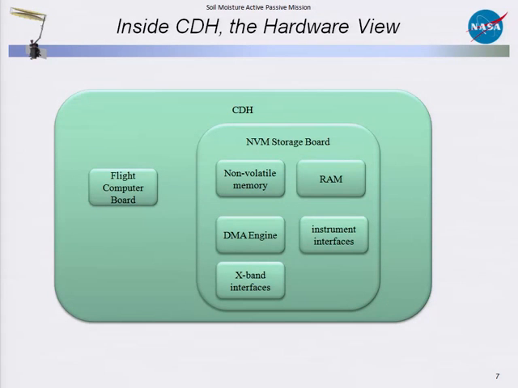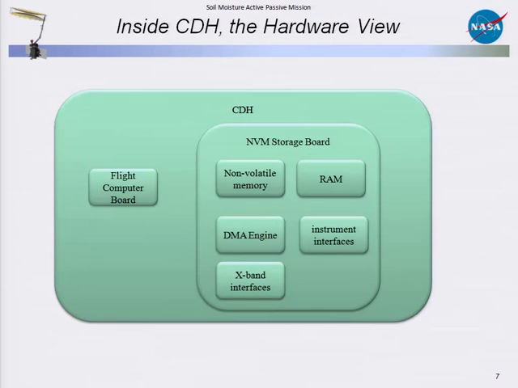This is an actual piece of hardware, an actual hardware box. So inside this box, there are boards. One board is our flight computer, which is the standard RAD 750 that others of you have known to love and use. And we have another board here, which is just called the NVM board.